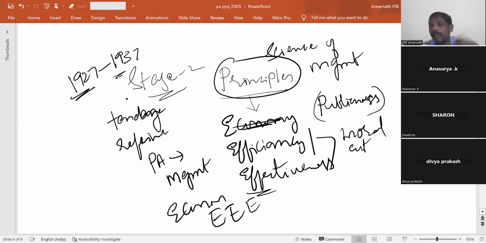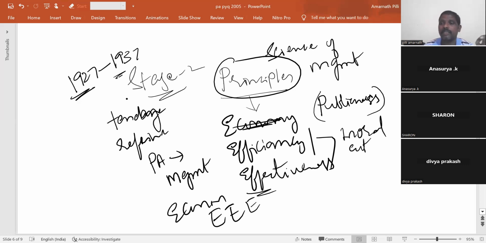So now what is lost? By stressing on principles, efficiency and effectiveness, what is lost in public administration is its moral and ethical character.